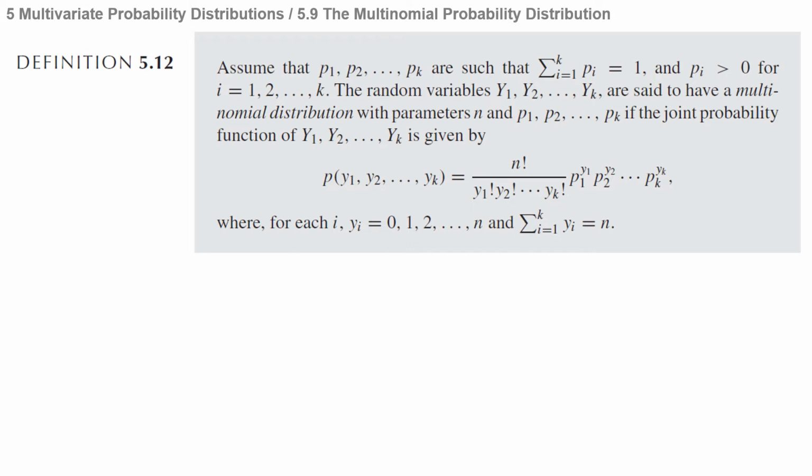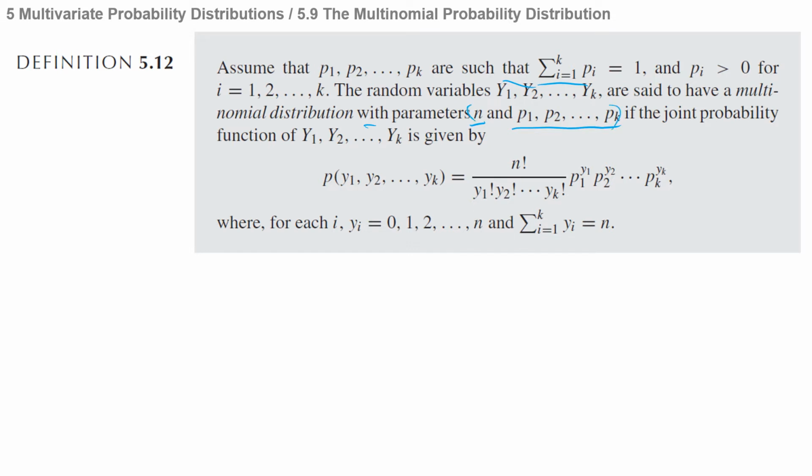Here's definition 5.12. Assume that p_1, p_2, and p_k are such that the sum of all p_i's equals 1, and each p_i is greater than 0 for i from 1 to k. The random variables y_1, y_2, and y_k are said to have a multinomial distribution with parameters n and p_1 to p_k.